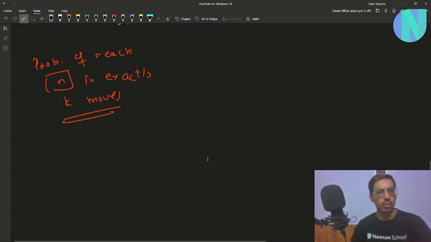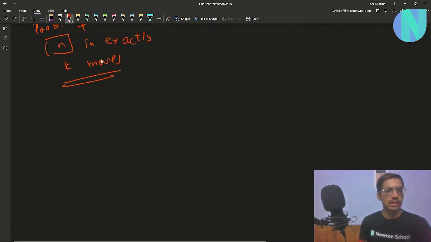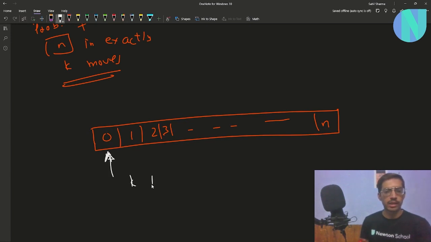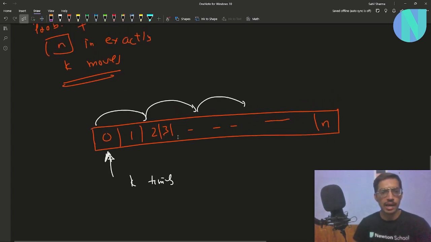if you try to draw this out, you will see that we have a strip 0, 1, 2, 3, and so on up to n, right? We are initially here, we are rolling the die k times, and every time we just keep adding the number that we get on the die.